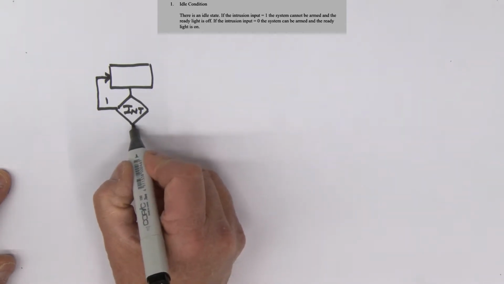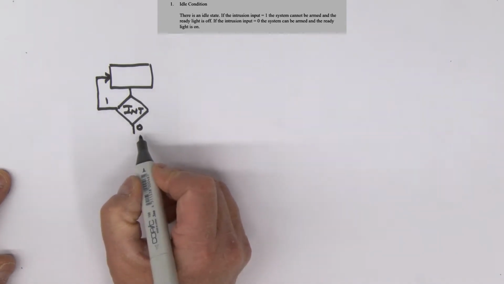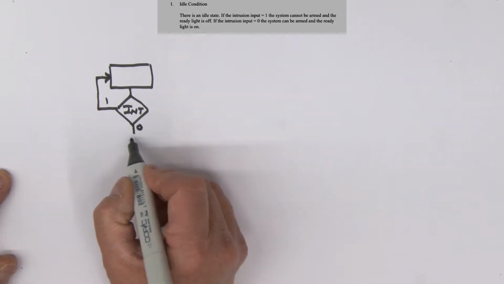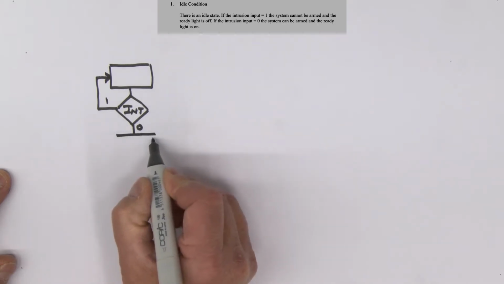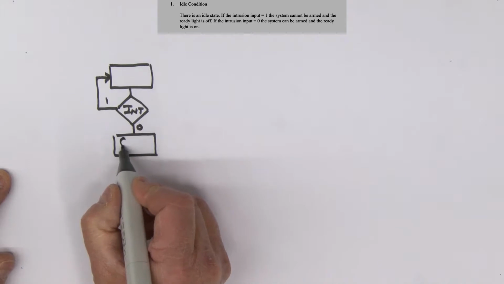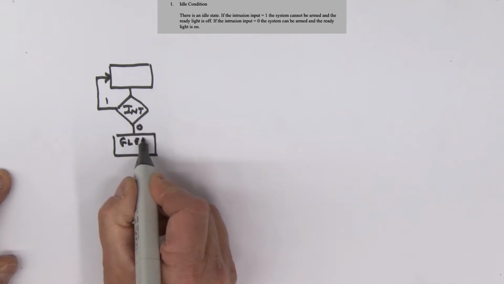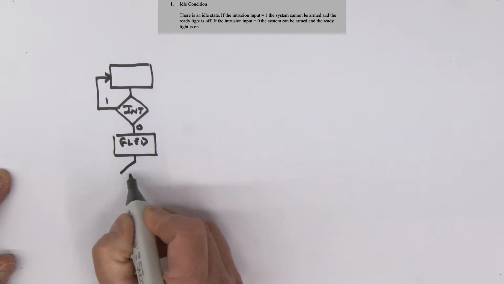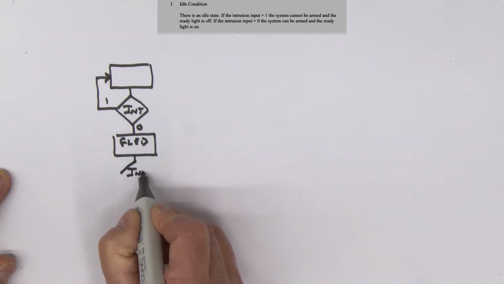All right, if the intrusion is a 0, which means if it's a perimeter protection on our alarm system, it means all doors, windows effectively shut, we will move into the next state. And in this next state, we're going to turn on the green LED. Now, let's once again look at that intrusion input. So here it is.